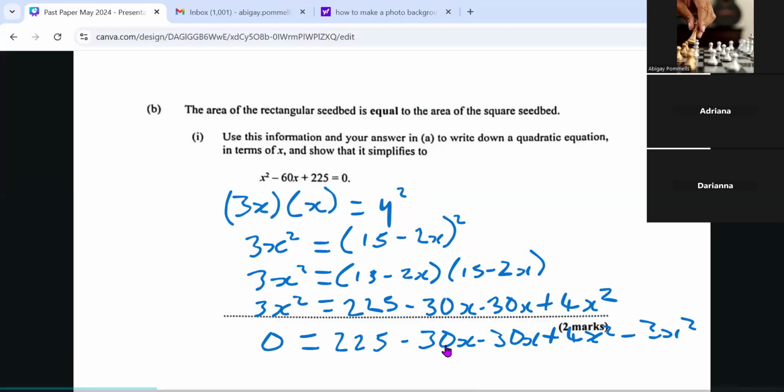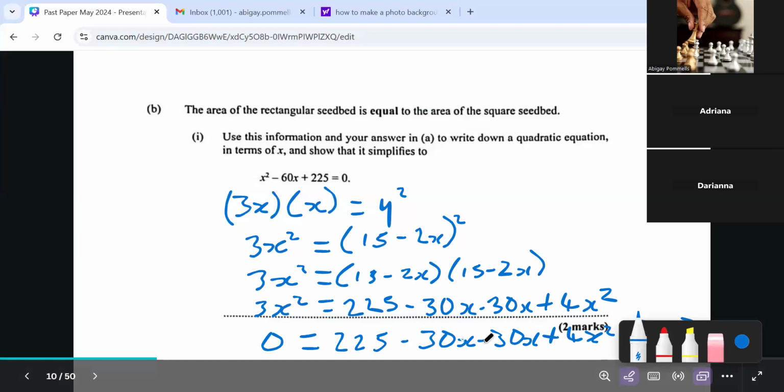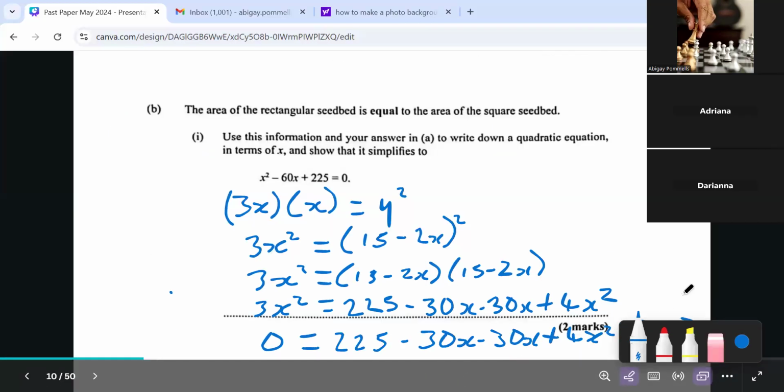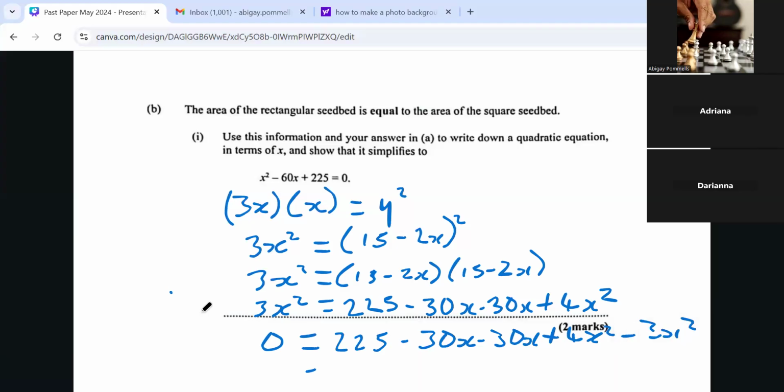Combine the like terms: negative 30 minus 30 is negative 60x.